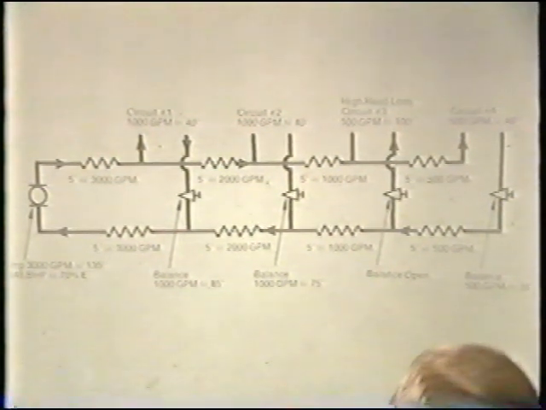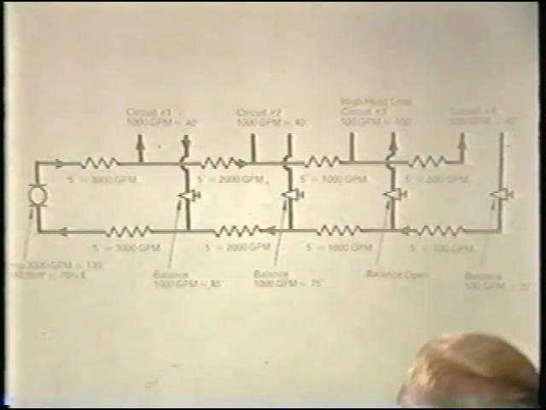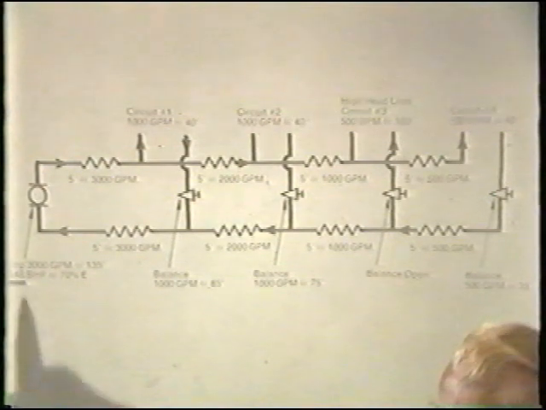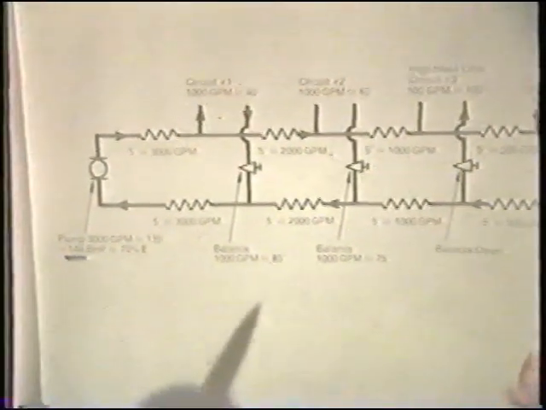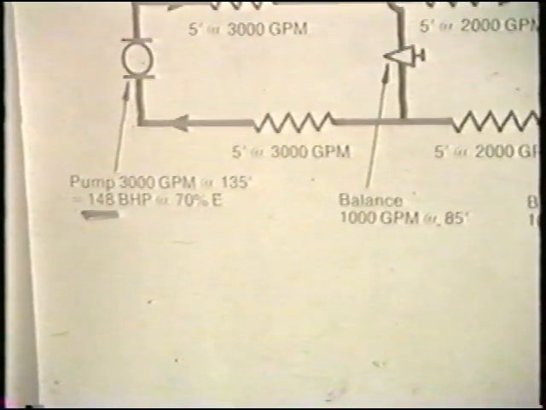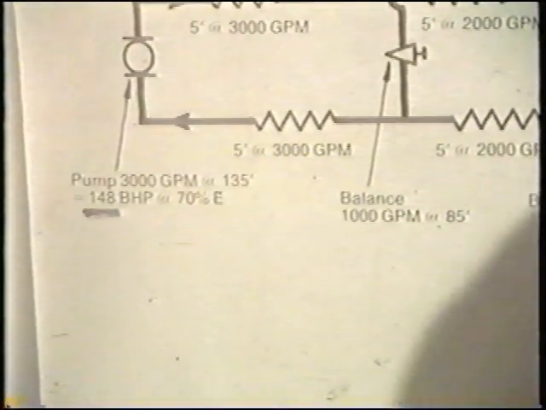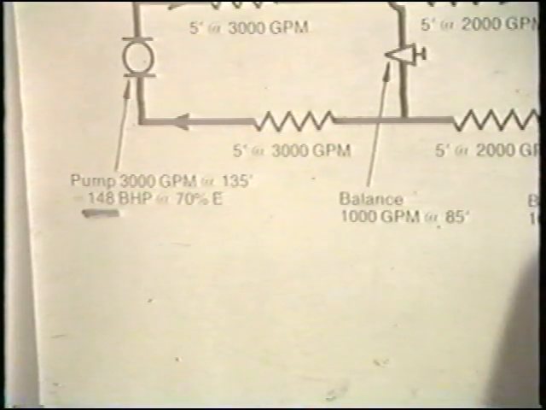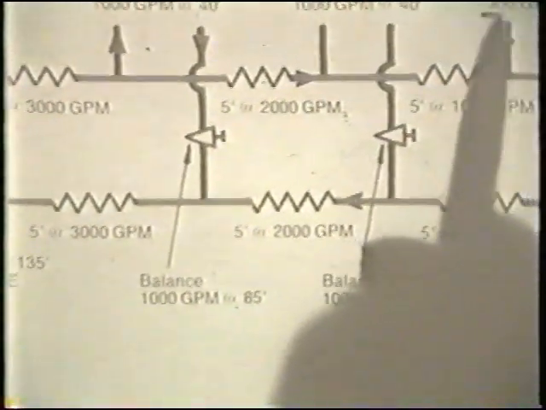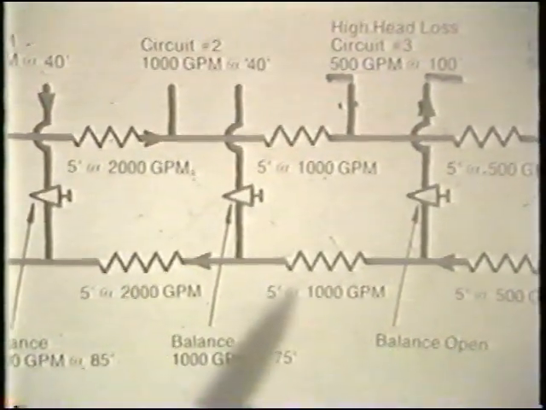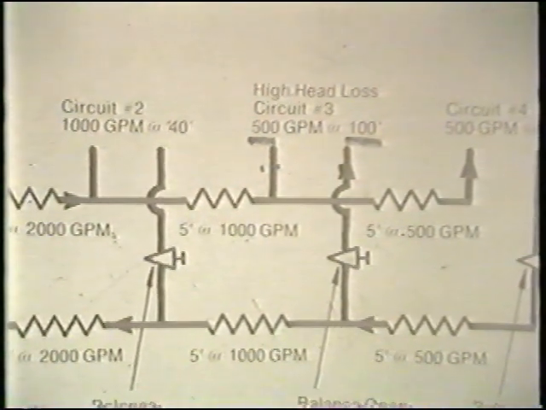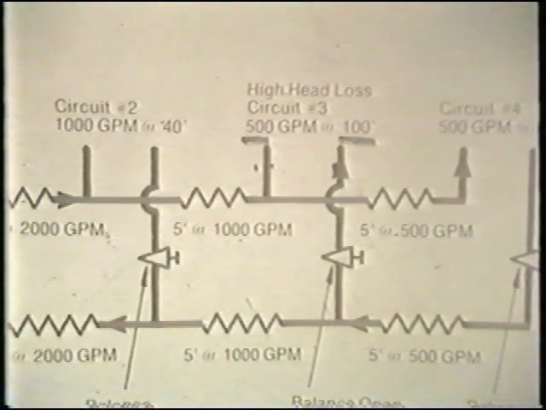This illustrates a system in which we have a pump requiring 148 brake horsepower, principally because one of the zones pumped by that single pump requires a head loss of 100 feet of head, even though its flow rate in terms of percentage of design flow provided by the single large pump is very low.